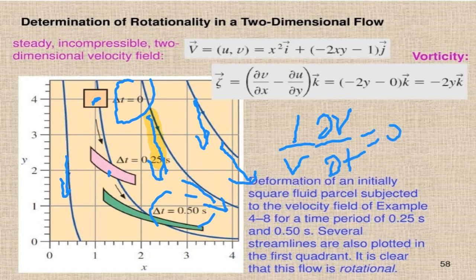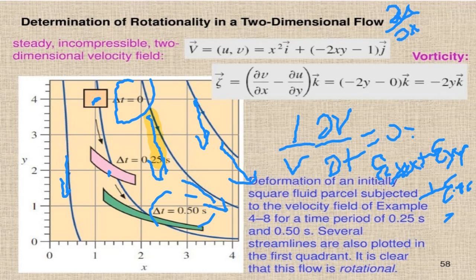So it means that the sum of the linear strain rates must be 0. If you take du/dx, it is 2x, and dv/dy is minus 2x. If you sum them, you will get 0. So it means that it's incompressible.